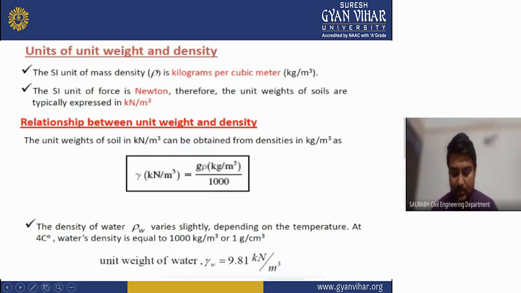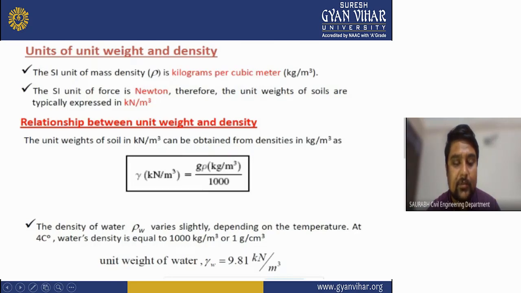As you can see here, it shows the density of soil, and the density of water is shown by rho w. It depends on the temperature: at 4 degrees Celsius, water density is equal to 1000 kg per meter cube, or 1 gram per cubic centimeter, as we all know.